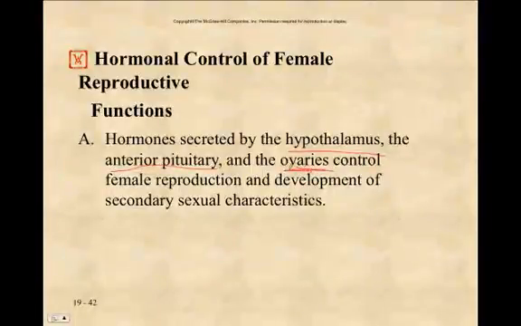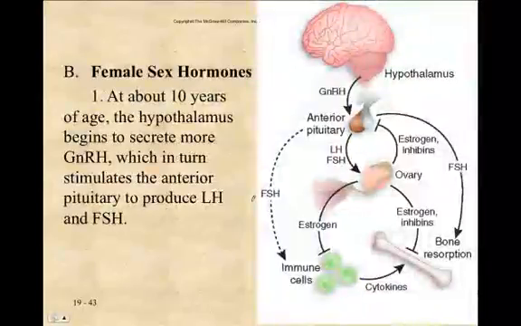So again, the big difference here is that you're secreting some hormones from the ovaries now, and not from the testes. And the hormones secreted from these three areas are going to help control female reproduction and the development of your secondary sex characteristics. We're going to talk about how that happens here.